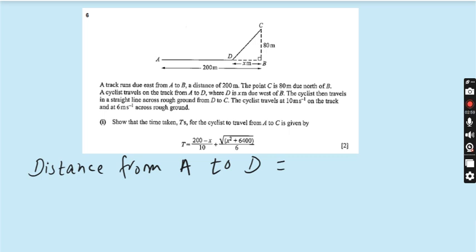So obviously the distance from A to D is 200 minus x.